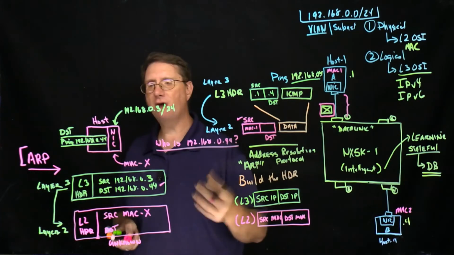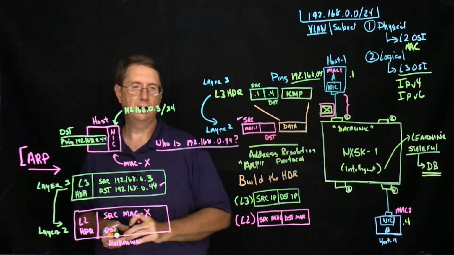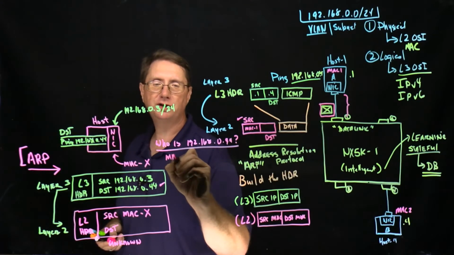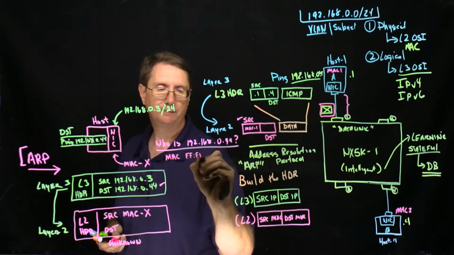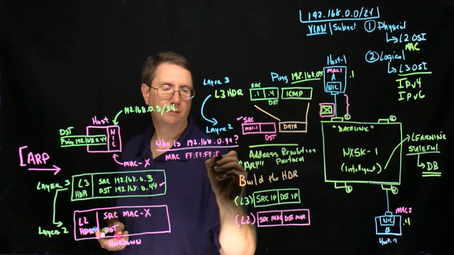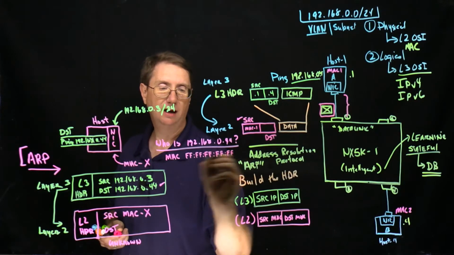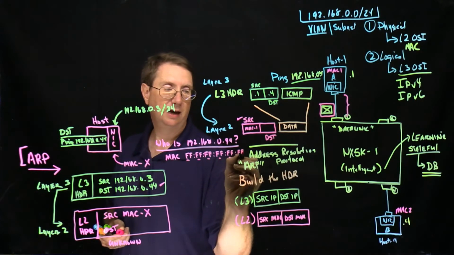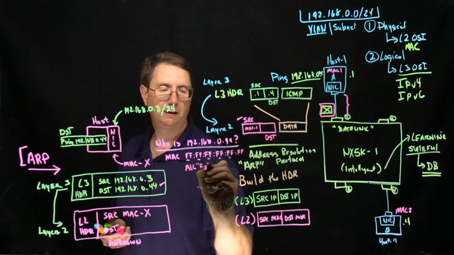However, in order to send it out, we've already said that we need to build a layer 2 header. So we're actually going to send this message to a special MAC address called the all Fs MAC address. I'm drawing it out full, and you can see it's taking a little while because it's 6 bytes of information. 1, 2, 3, 4, 5, 6. And this is called the all Fs MAC address.